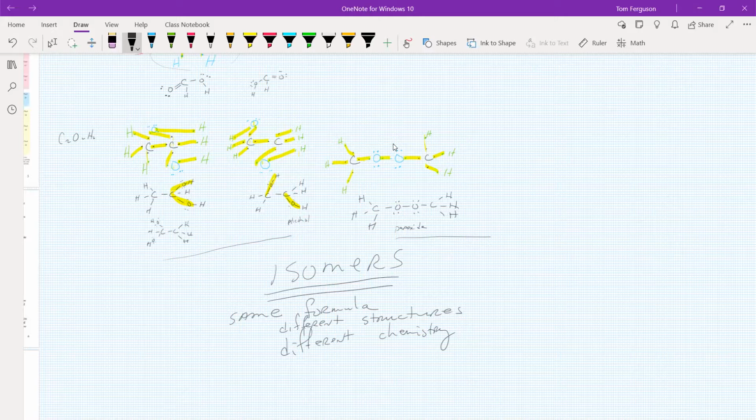If it behaved like an alcohol, you could eliminate the peroxide. If it behaved more like a peroxide, you could eliminate the 2 alcohol structures. And that's what chemists did about 90 years ago, before they started really getting into instrumentation. Instrumentation can tell right away between these structures.